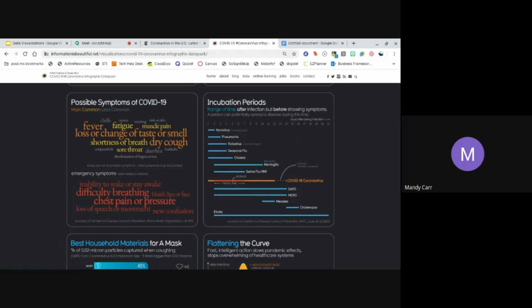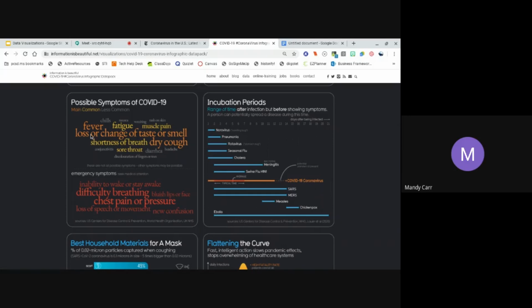Now, when you're talking about a word cloud created from data, what that means is that the items that are larger were included in the data set more times. So, for instance, on this, they probably surveyed people who tested positive for COVID-19 and asked them what their symptoms were.